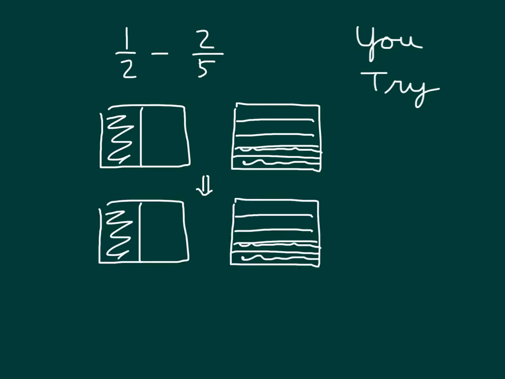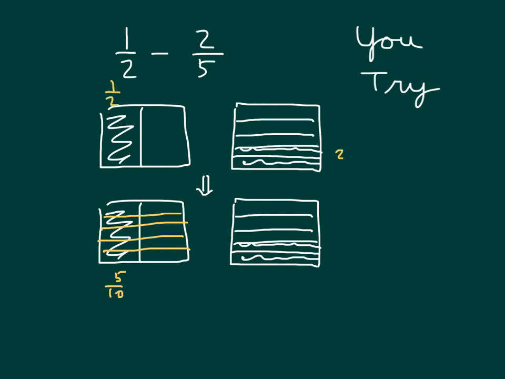We'll take the first one and draw horizontal lines. We have to draw 4 horizontal lines. Let's use a different color, easier to see. 2, 3, and 4. So now we are looking at 1, 2, 3, 4, 5. This is 5/10. 1/2 does equal 5/10.